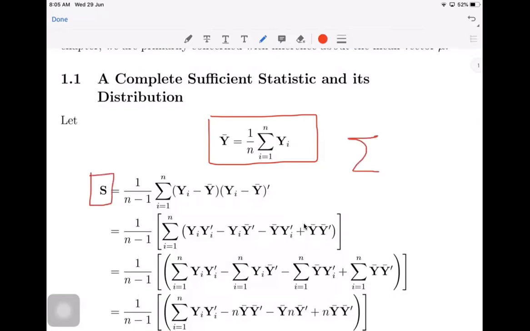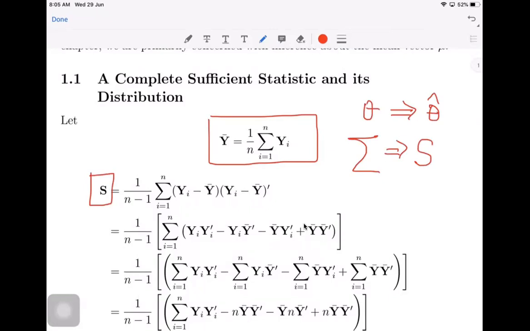So this is sigma estimated by S. If this is your parameter, this is estimated by theta hat.